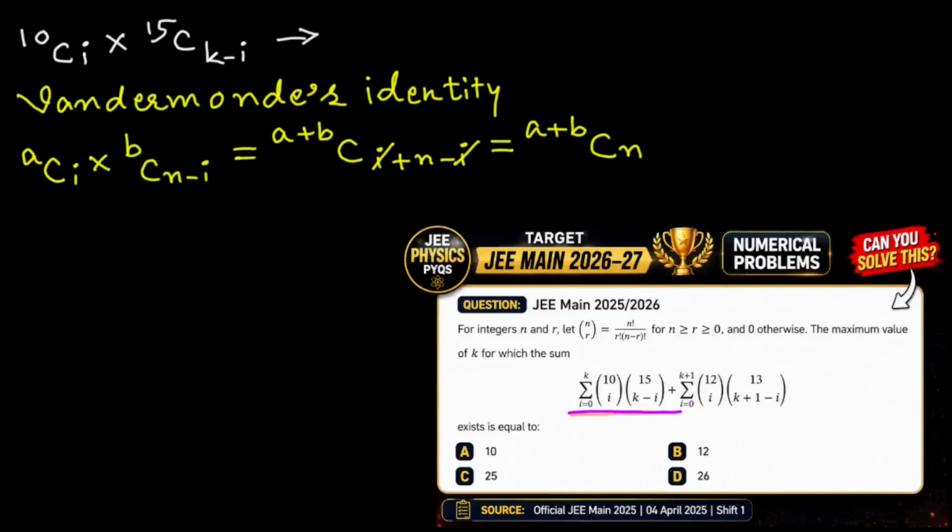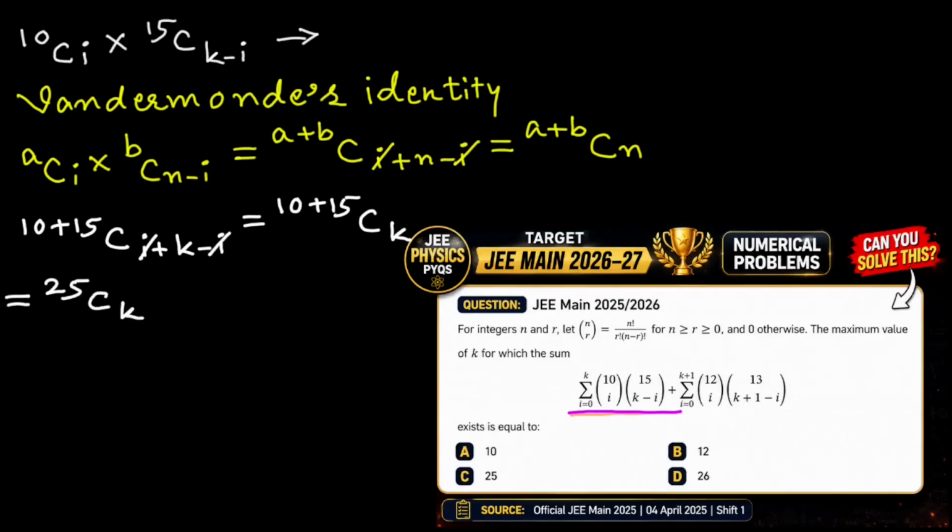So this first summation becomes (10 plus 15)C(i plus k minus i), that is 10 plus 15 Ck after cancelling i, 25Ck. Therefore the first sum is simply, let us write here, 25Ck.